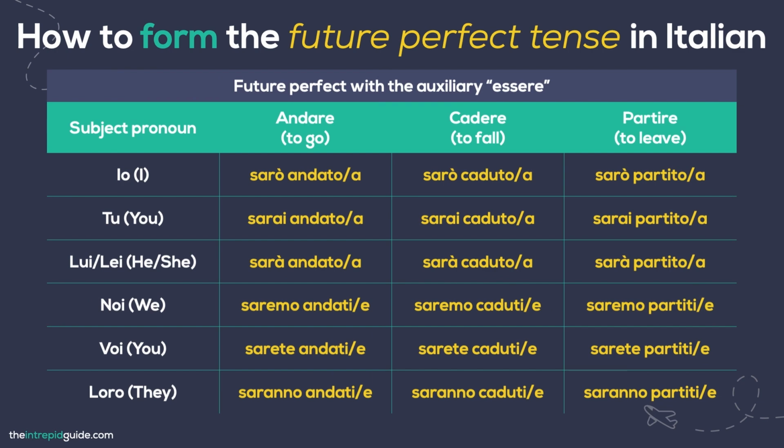Saremo caduti, cadute. Sarete caduti, cadute. Saranno caduti, cadute. Partire, to leave. Sarò partito, partita. Sarai partito, partita. Sarà partito, partita. Saremo partiti, partite. Sarete partiti, partite. Saranno partiti, partite.